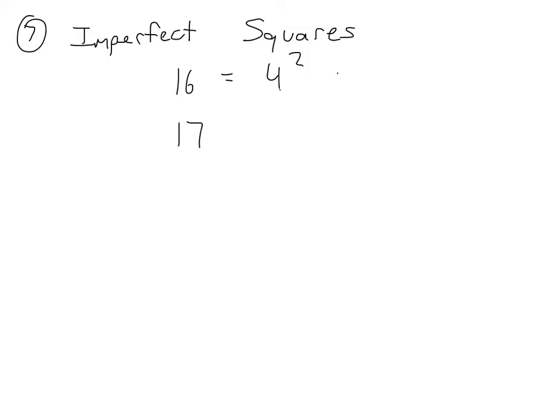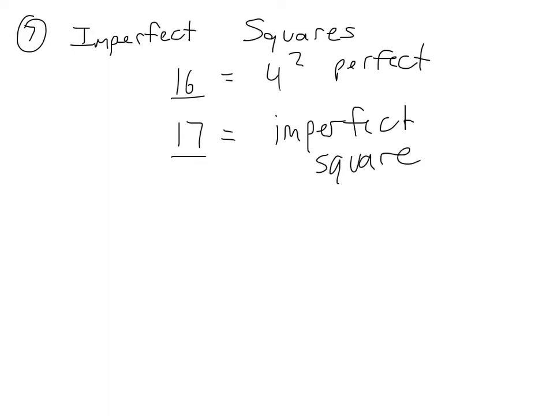Well, 16 is perfect, but 17, is there any number out there you can multiply by itself to get you to 17? Any integer, so a positive or negative non-decimal number? No, right? And there's no number out there times itself that gets you exactly to 17. So what we would say is 17 is an imperfect square.